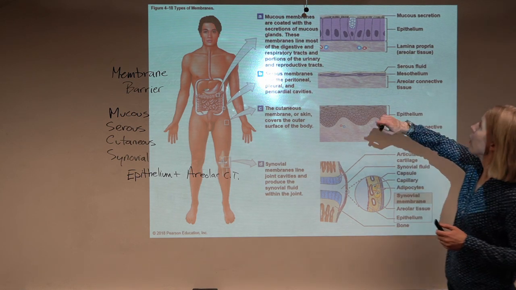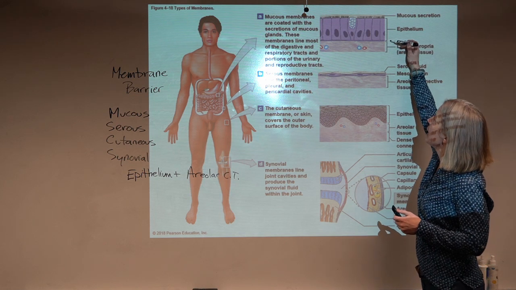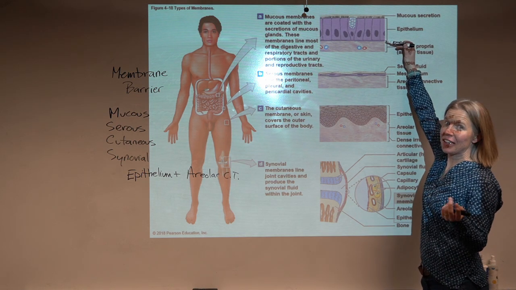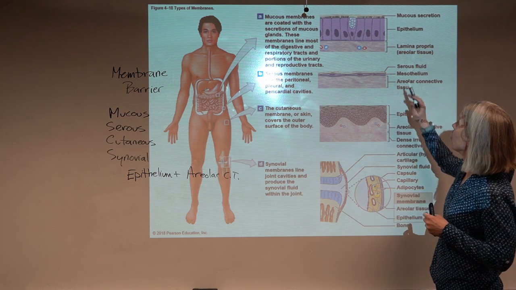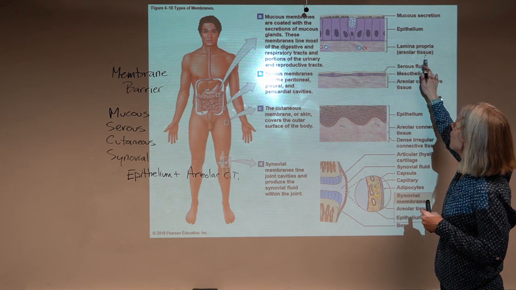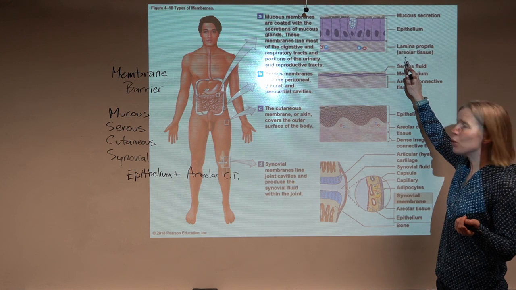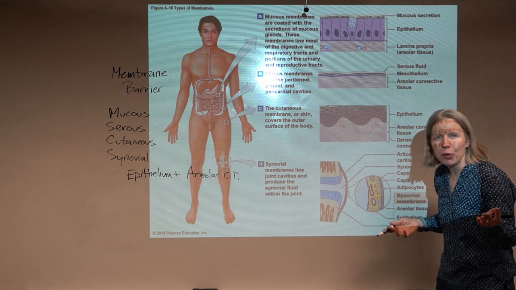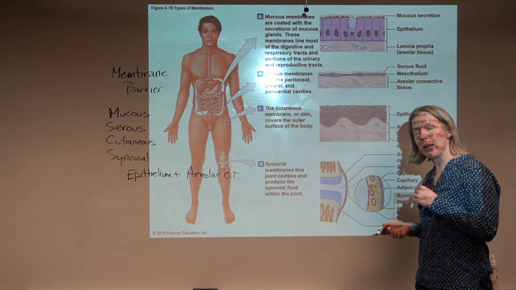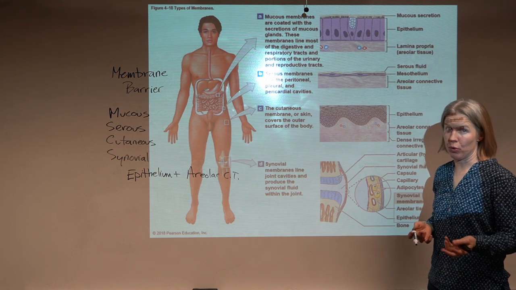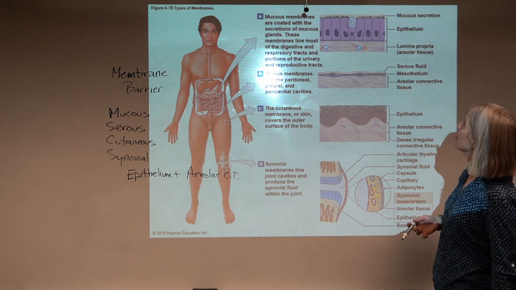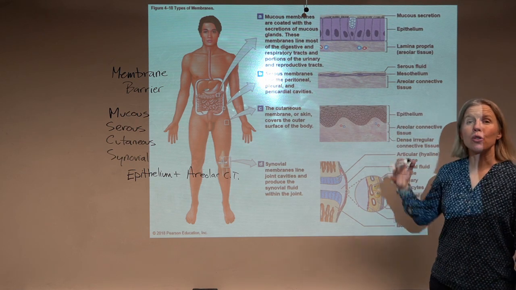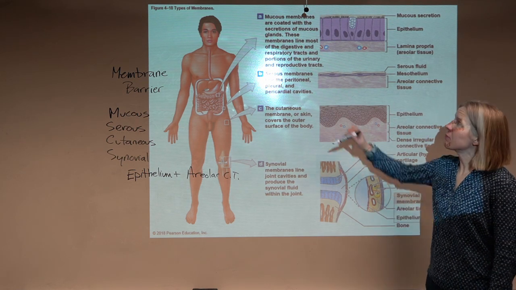One other thing I wanted to point out, keep in mind that between the epithelium and that connective tissue is a basement membrane, so think back to when we talked about those. And I also wanted to point out that this areolar connective tissue in the mucous membranes, they feel the need to give it another name. They call it the lamina propria. I'm fine if you know that it's areolar connective tissue. Okay, so those are our mucous membranes.